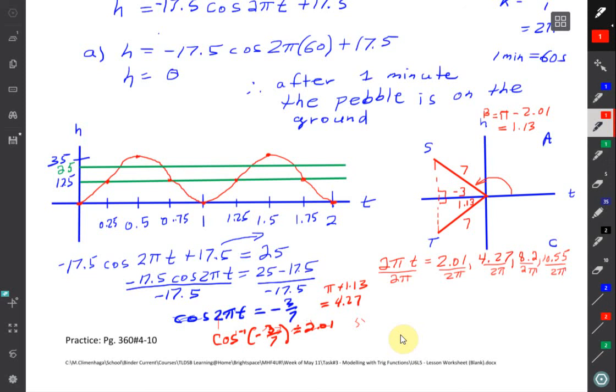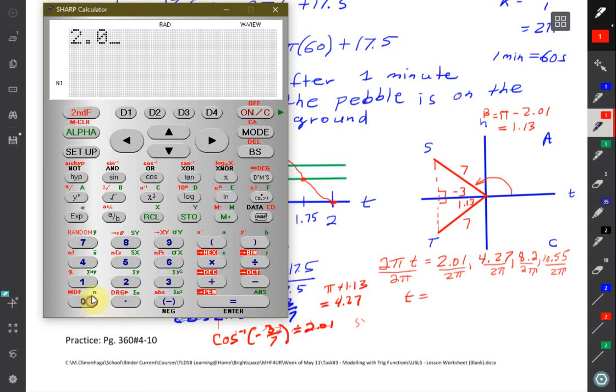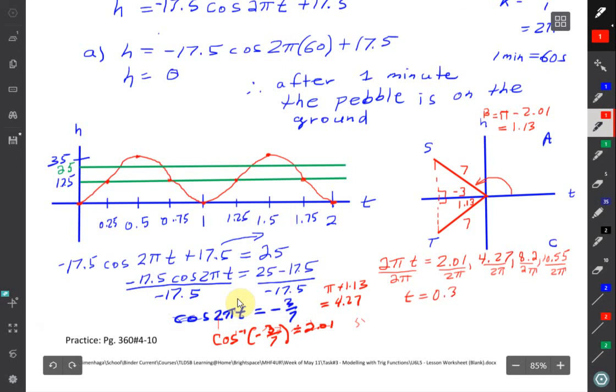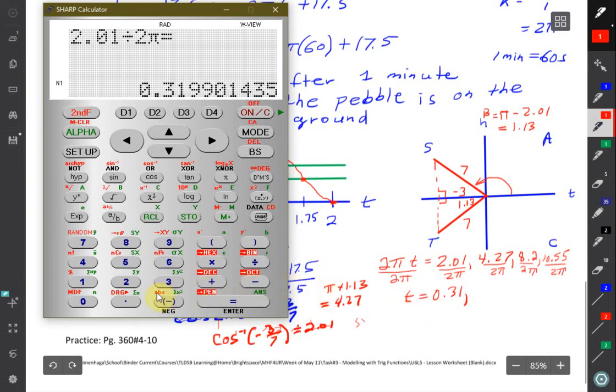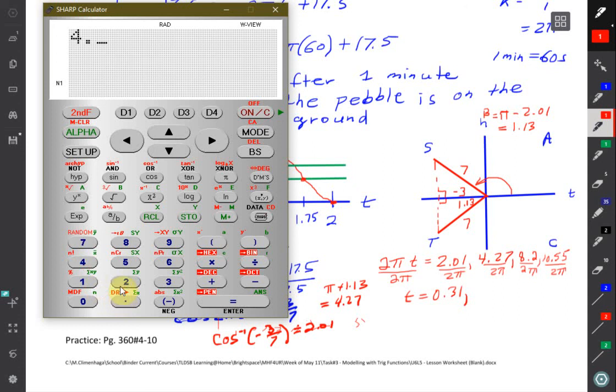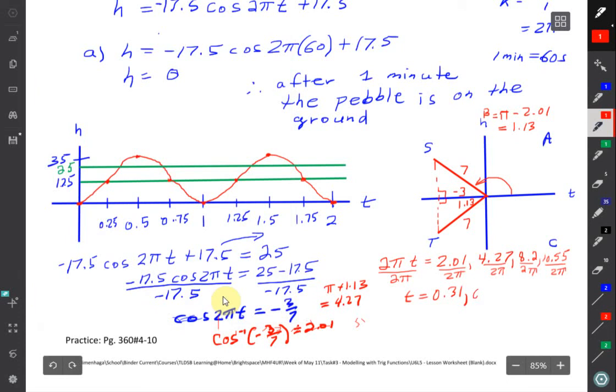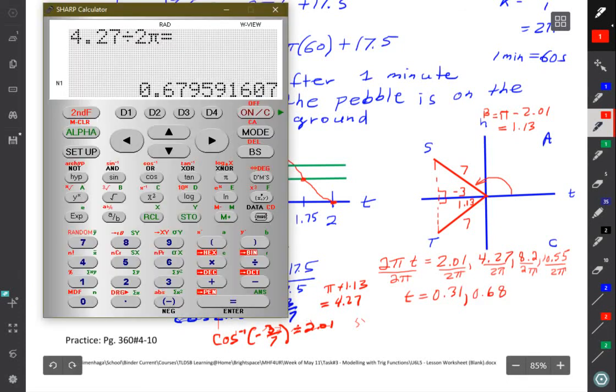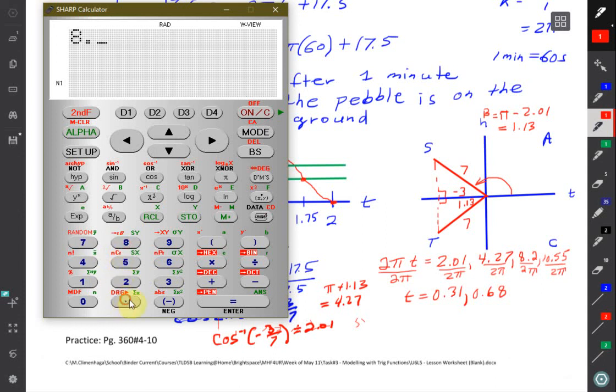And so we need to do each of those calculations. 0.31 seconds. 4.27 divided by 2 pi, 0.68. 8.29 divided by 2 pi, 1.31.